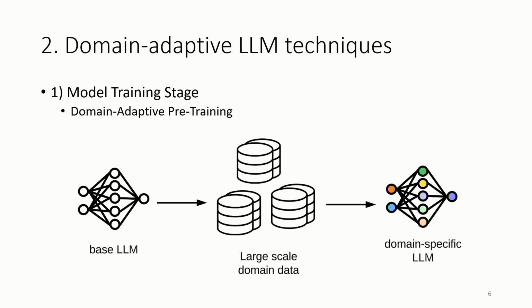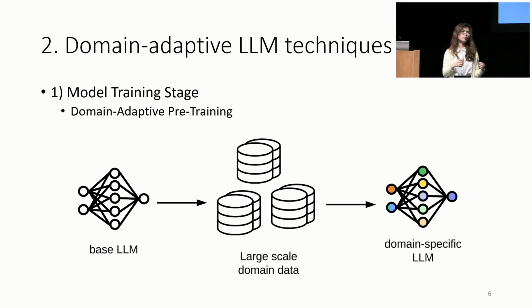Since Hans already introduced a lot about the detailed techniques of the transformer model, what they are and how they are used, and also some key concepts like autoregressive pre-training, here I will mainly compare the differences of domain adaptation across the different stages: training, fine-tuning, and inference.